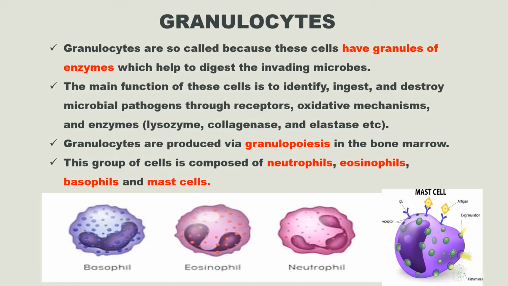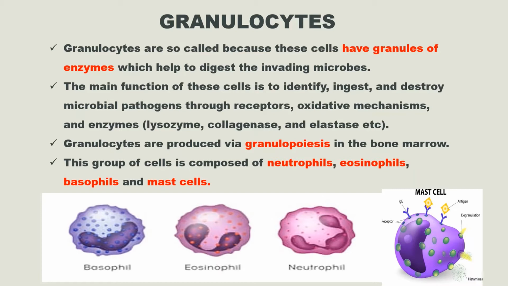Granulocytes. Why are granulocytes called like this? Granulocytes are so called because these cells have granules of enzymes which help to digest the invading microbes. Inside these granules, some enzymes are present. Those enzymes help to kill or digest invading microorganisms or pathogens.